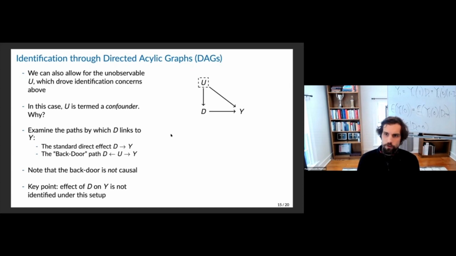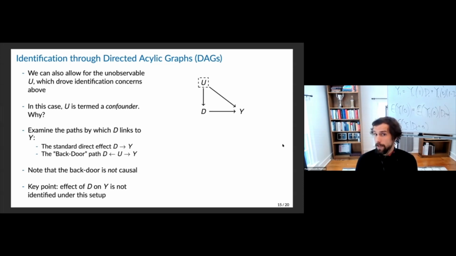What it also lets you do is talk about this problem that we were talking about for identification, right? There was this problem where we were thinking about this unobservable U, right? So I made this point like, oh, this is going to create serious issues for estimating this effect. It won't be identified because maybe Natalia is getting treated for the wrong, in the sense that it's not random assignment.